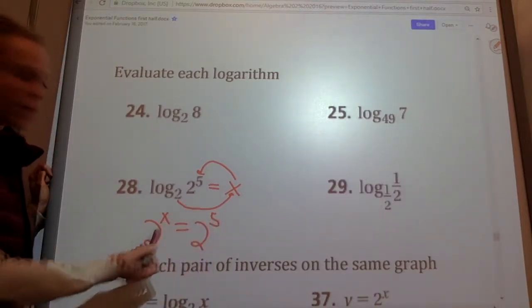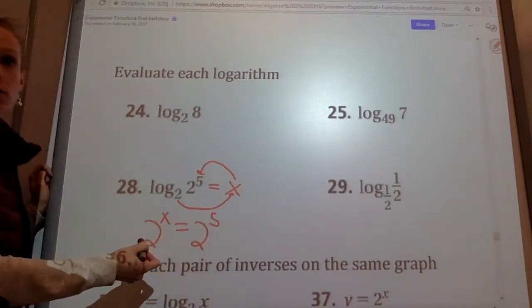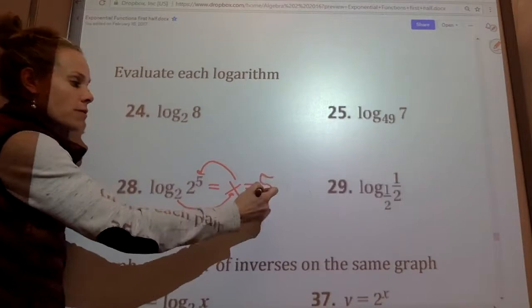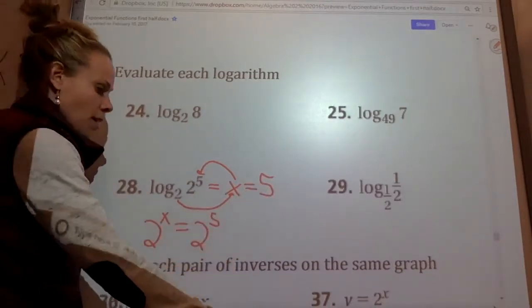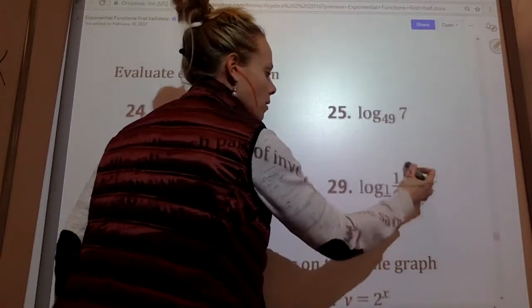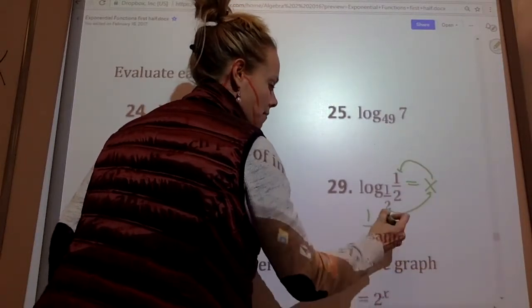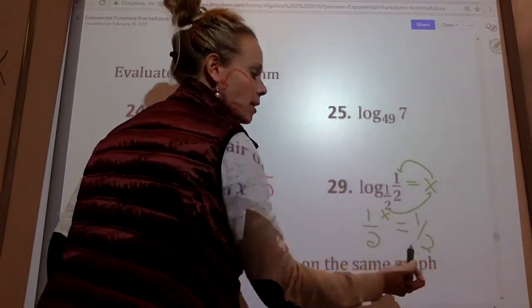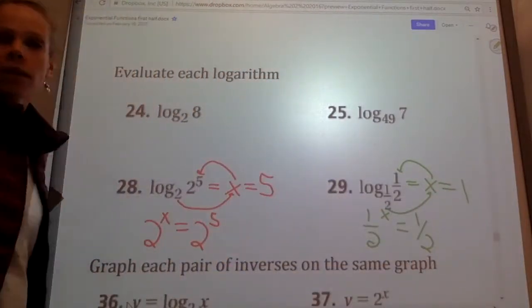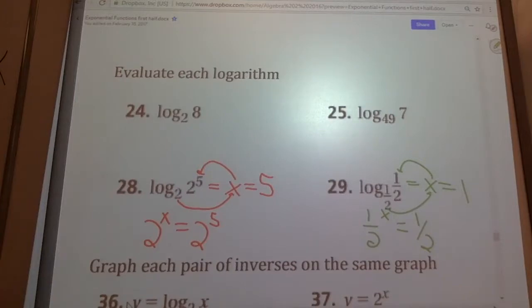That's not true. 2 to the 5th power can only equal 2 to the 5th power. Okay, so this is 5. Okay. How about this one? 1/2 to what power equals 1/2? 1. Great. The only way to get itself is with a 1. Anything to the first power is itself.